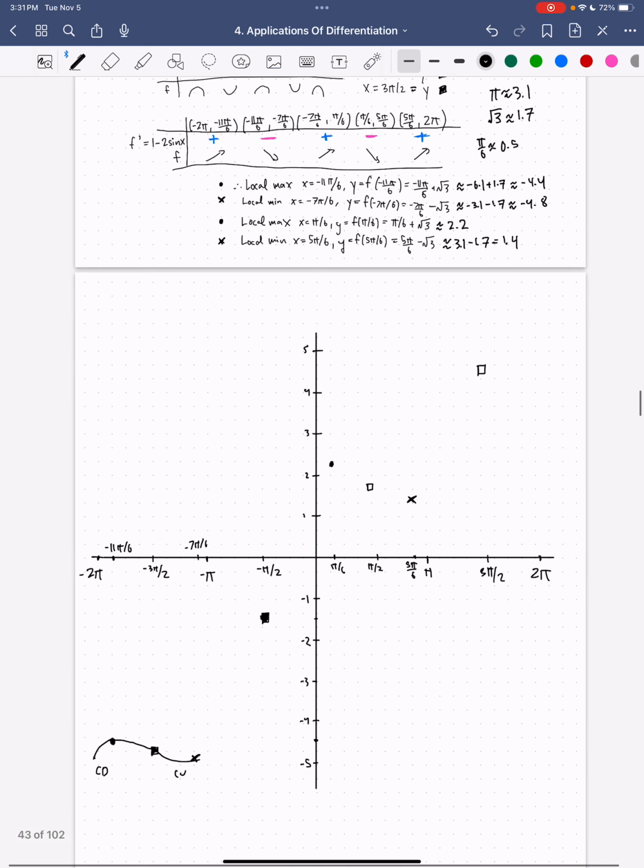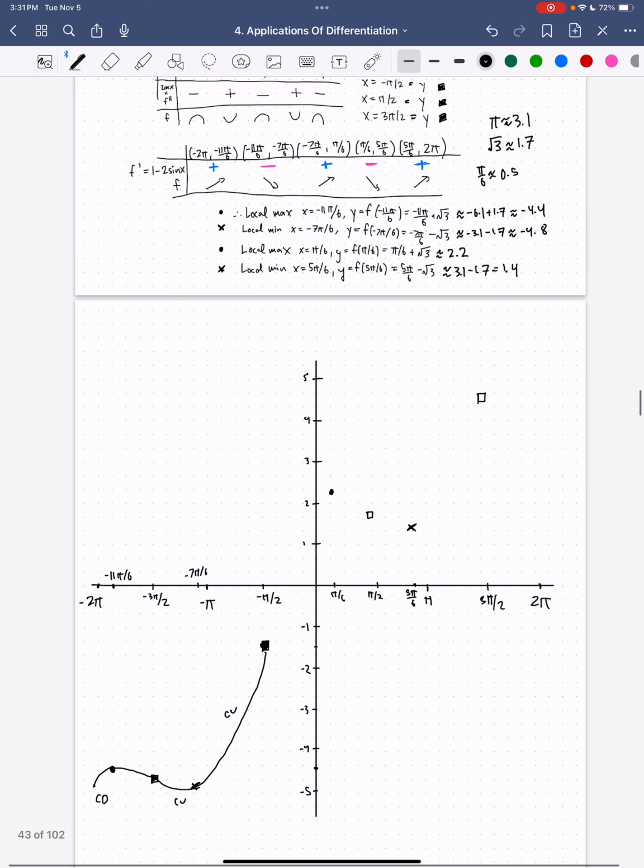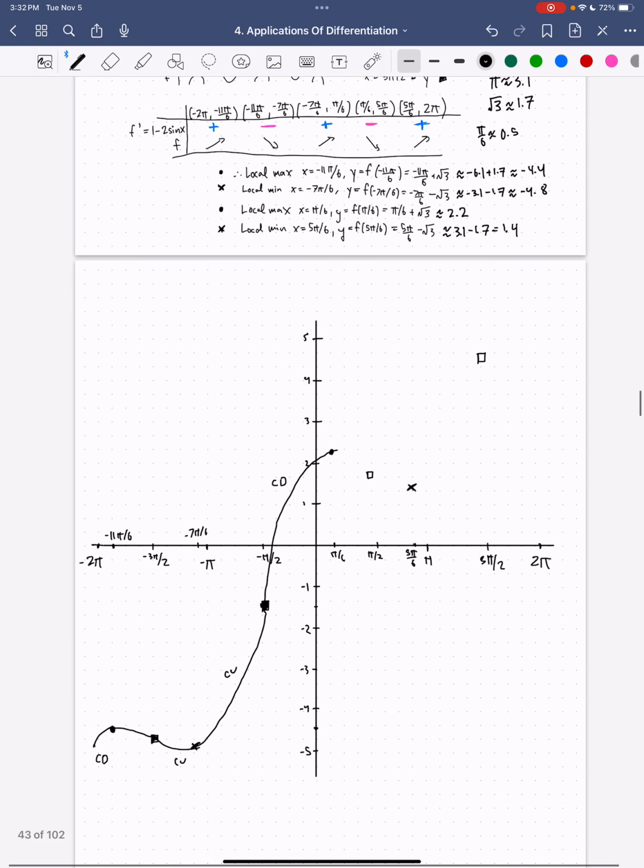So we're still concave down, now we're concave up. Now we just increase, still concave up, until we hit that next inflection point, where we'll now be concave down. And just keep increasing until the local max there.